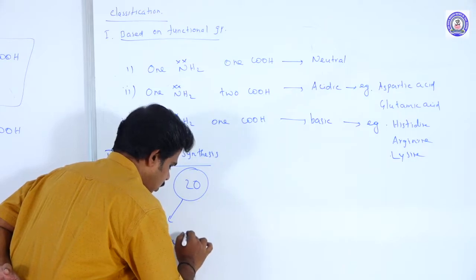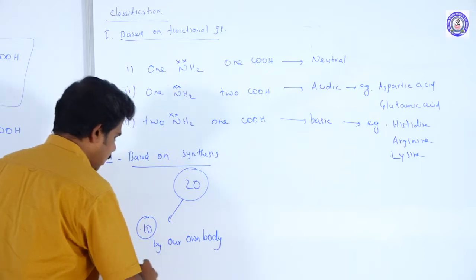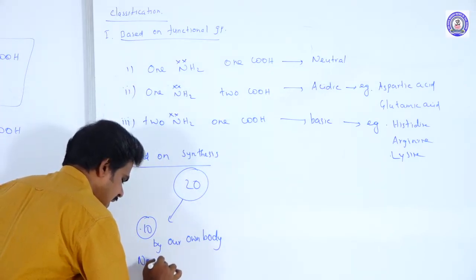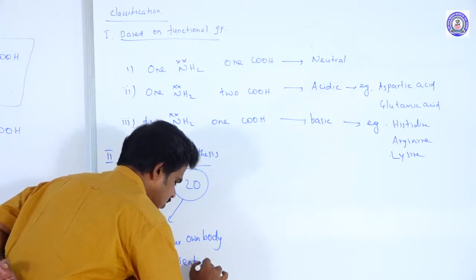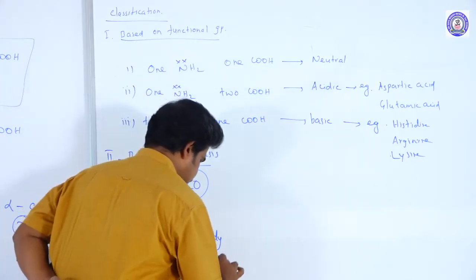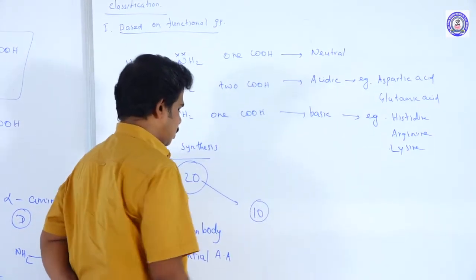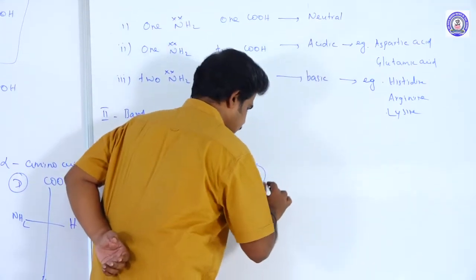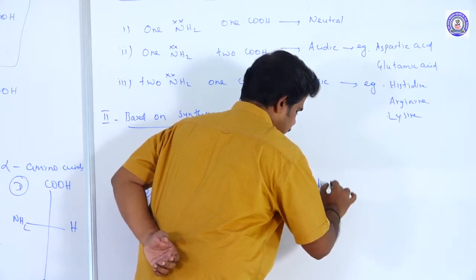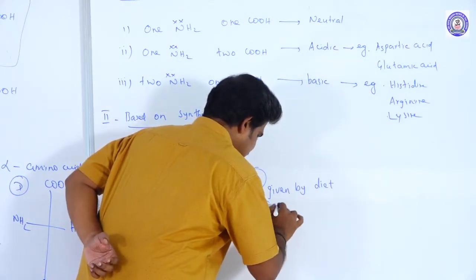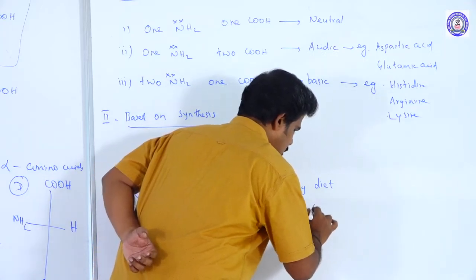They are called non-essential amino acids. And the other 10 amino acids are given by diet. They are essential amino acids.